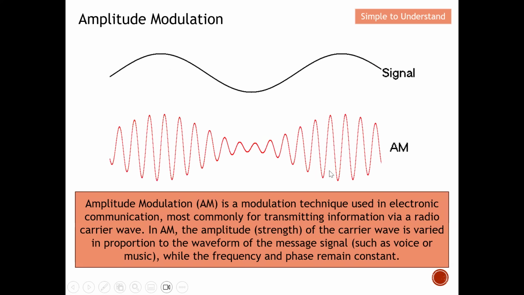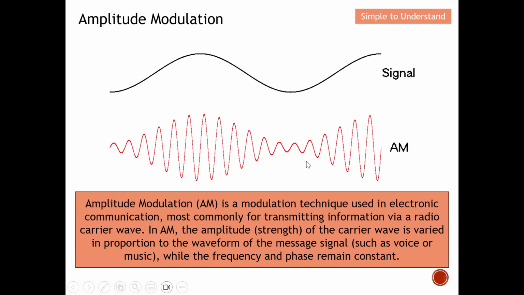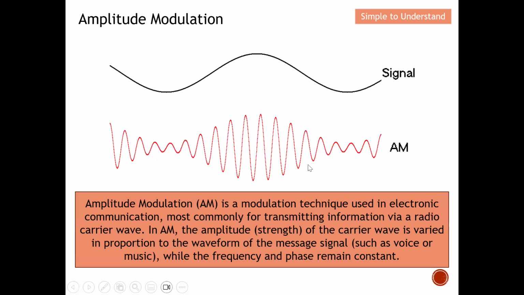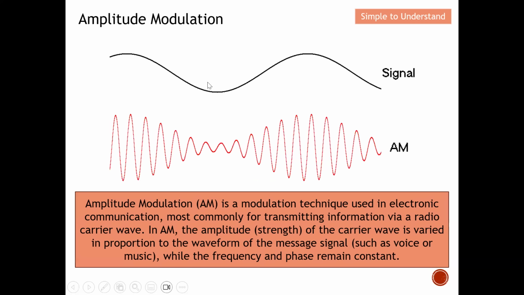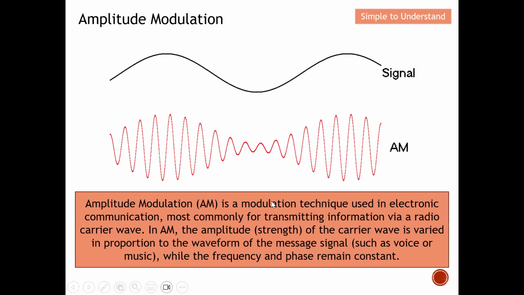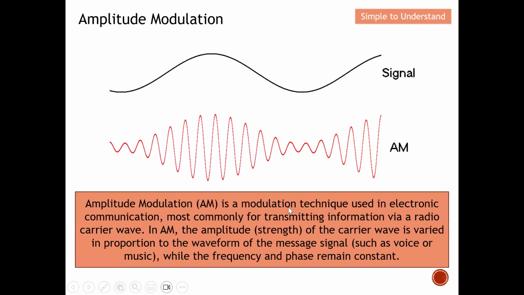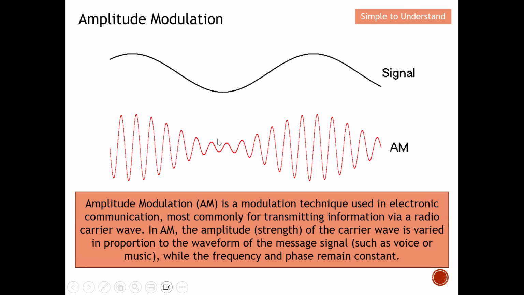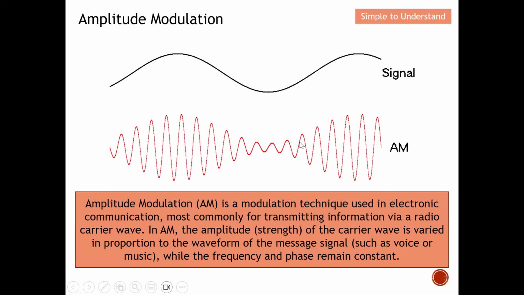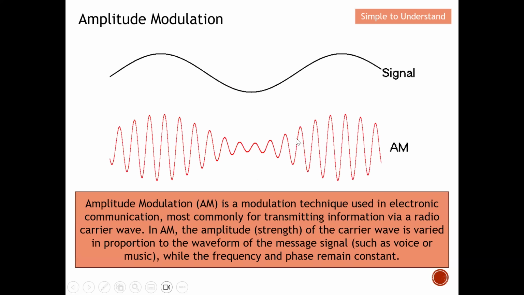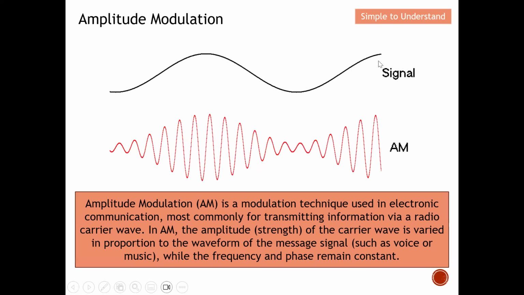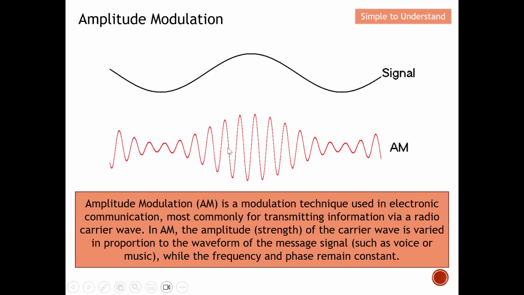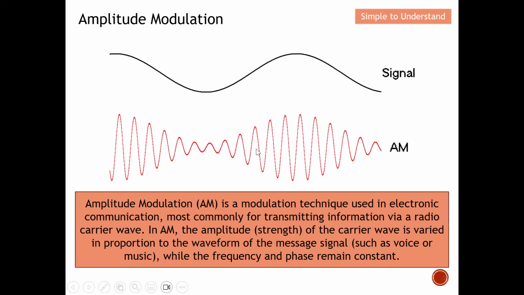You can see that the modulated signal's frequency and phase will still be the same, irrespective of the information on the modulating signal. However, you can see that the amplitude changes. The amplitude of the modulated signal changes according to the modulating signal. Remember, this is the information that I want to send over to the recipient. So this is the information that I send over the air.